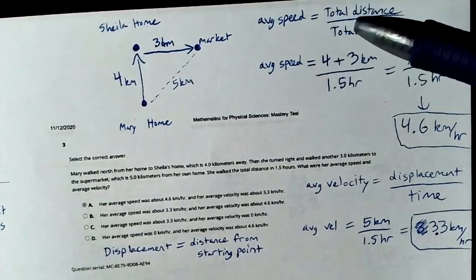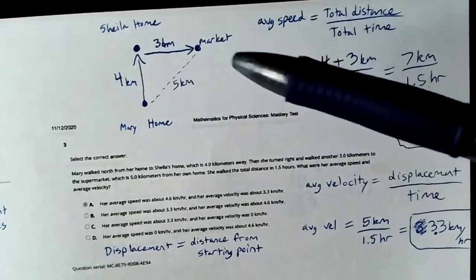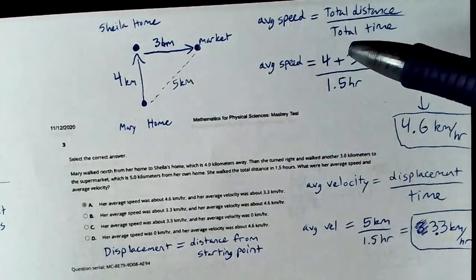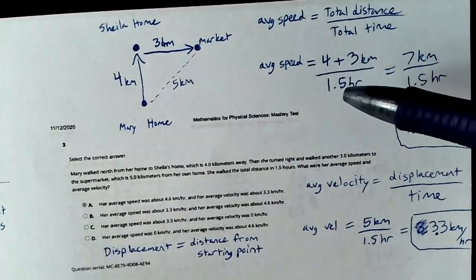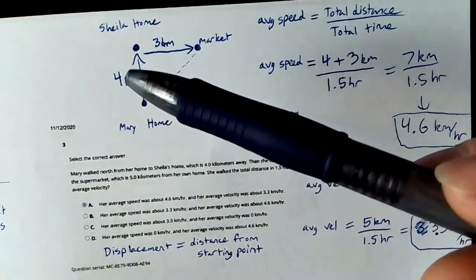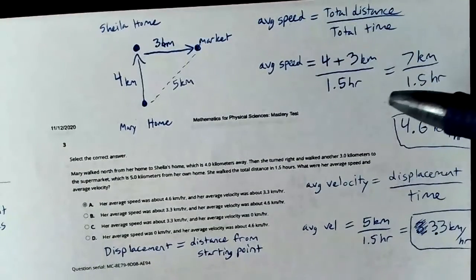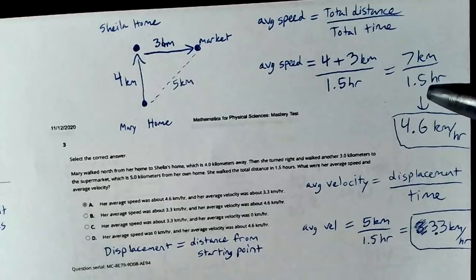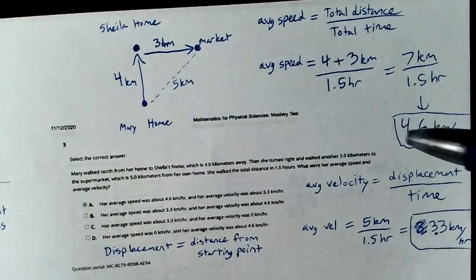Average speed is the total distance she actually walked divided by total time. So her total time was 1.5 hours. And her total distance, you add up the 4 kilometers and the 3 kilometers to get 7 kilometers. Divide that by the total time, 1.5 hours. Her average speed was 4.6 kilometers per hour.